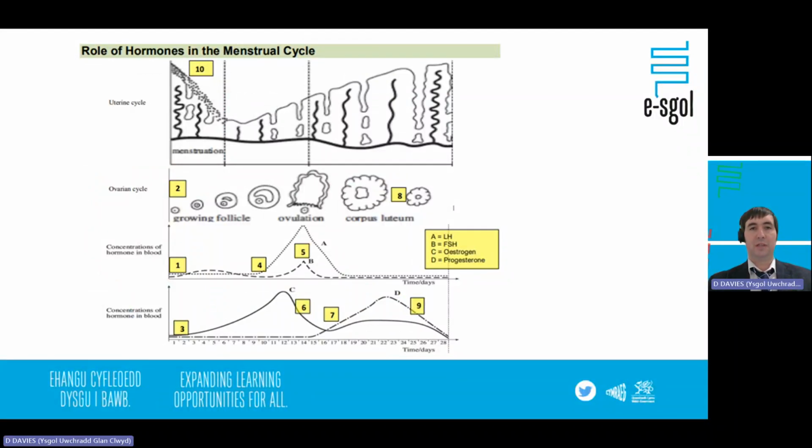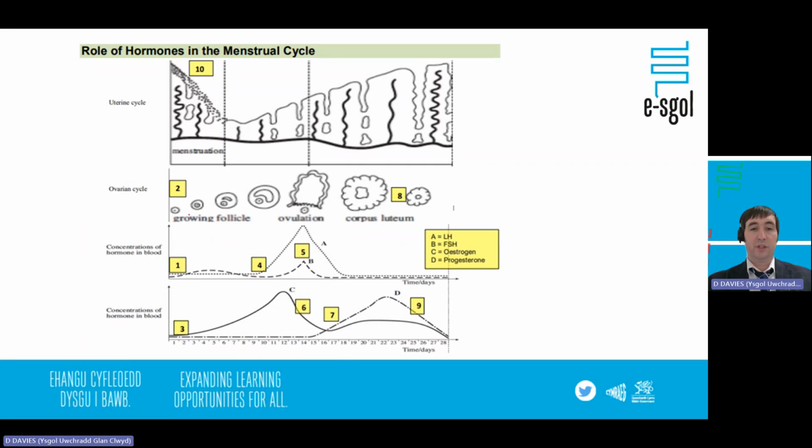Right, hormones and the menstrual cycle. This can be quite difficult. You have 4 graphs there. The graph at the bottom deals with estrogen and progesterone. The graph in the middle deals with LH, luteinizing hormone, and FSH. I've forgotten what FSH is, we'll find out in a minute.